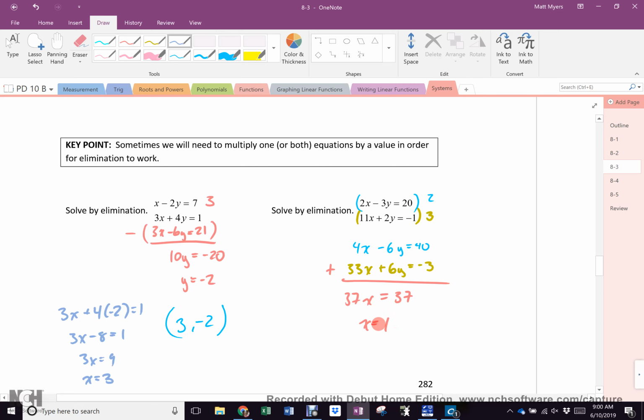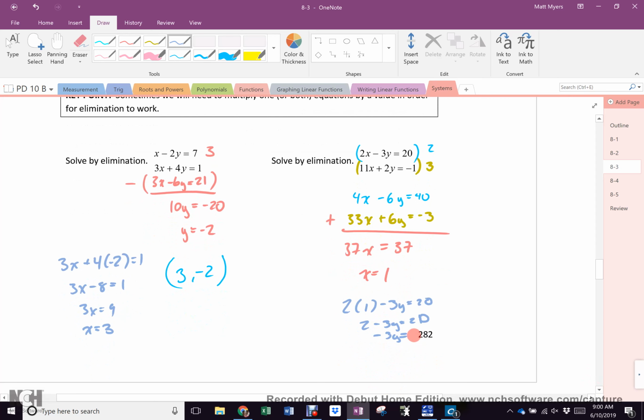Anywhere there's an x. 2 times 1 minus 3y equals 20. 2 minus 3y equals 20. Negative 3y equals what? 18. Y equals what? Negative 6. My answer is 1, negative 6.